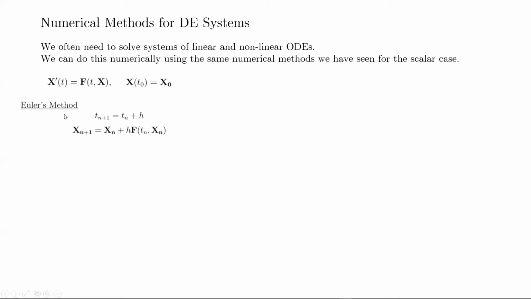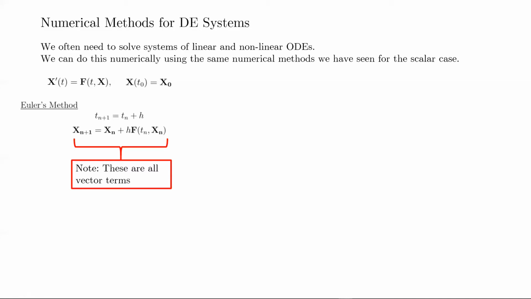Okay, and Euler's method says the update to my vector of solutions is xn plus 1 equals xn, so at the previous t step, plus h, the size of the step in the t direction, times f, which again is the right-hand side of the ODE. Again, remembering that this is a vector, so f evaluated at tn, the previous t step, and xn, x at the previous step.